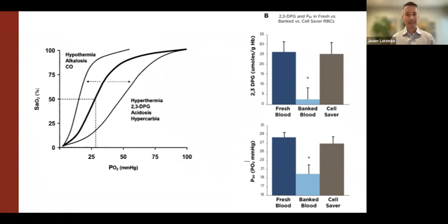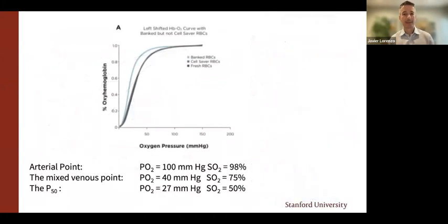It lacks 2,3-DPG, which we know moves the curve to the right. And we know that the longer we keep the blood banked, the lower the concentration of 2,3-DPG. So old blood has a lower oxygen carrying capacity than fresh blood or blood that has not been banked for a long time. So that's just something to keep in mind.